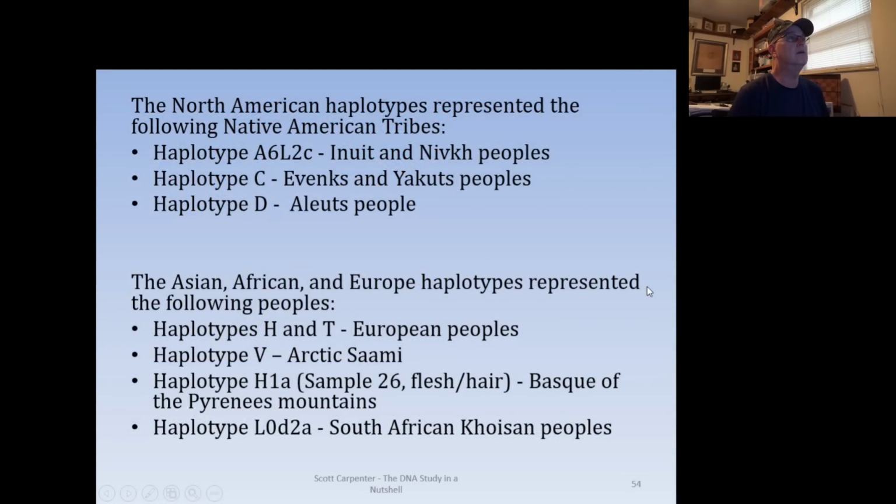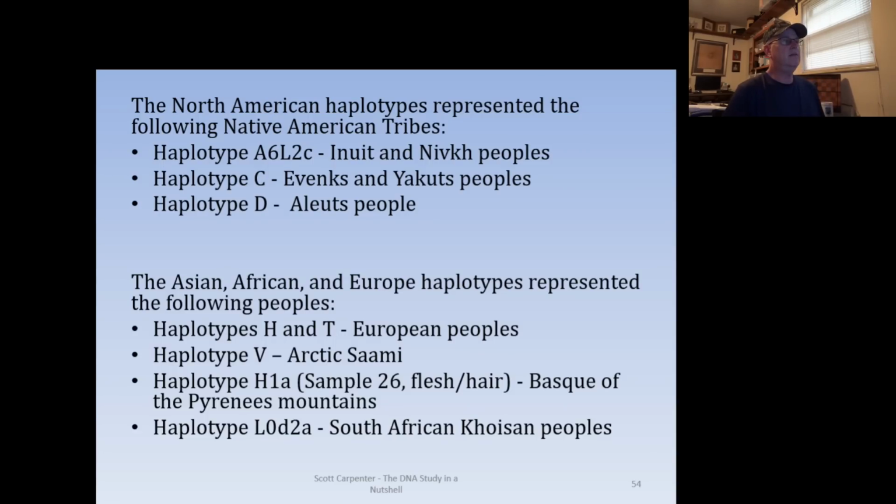And so here you can see the North American haplogroups represented the following Native American tribes: haplogroup A6L2C, Inuit and Nikavit peoples; haplotype C, Yakuts, and I'm not going to pronounce that one, Evenks; haplotype D, the Aleuts people.